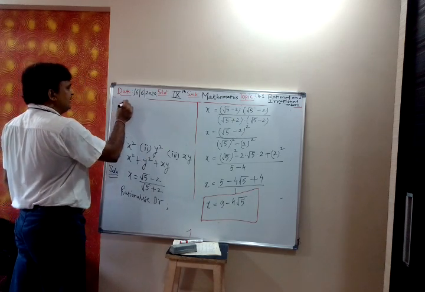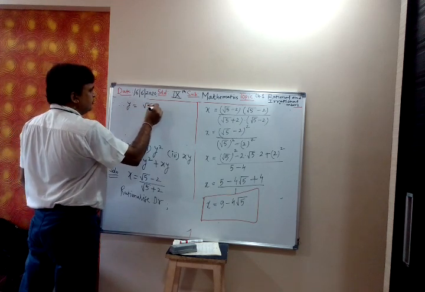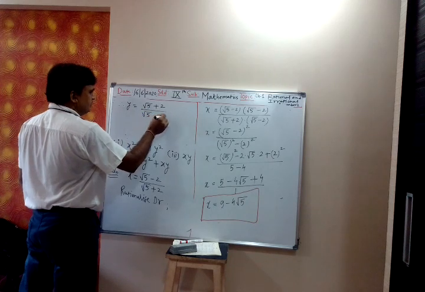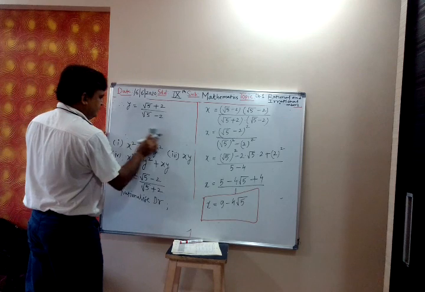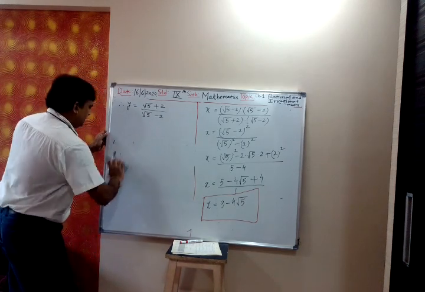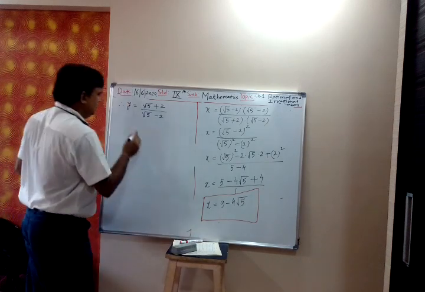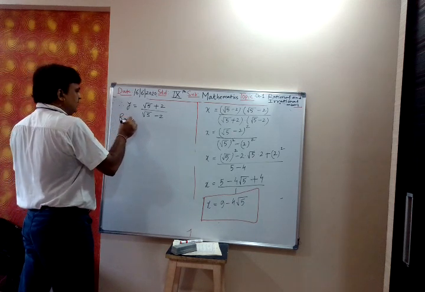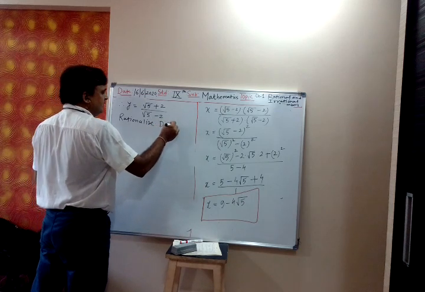So now consider y. Y is given root 5 plus 2 upon root 5 minus 2. Now rationalize the denominator. First you simplify x and y, then you find the value. Rationalize the denominator.